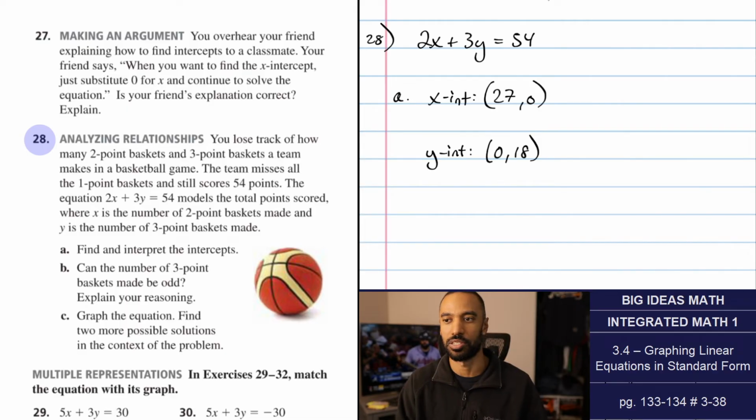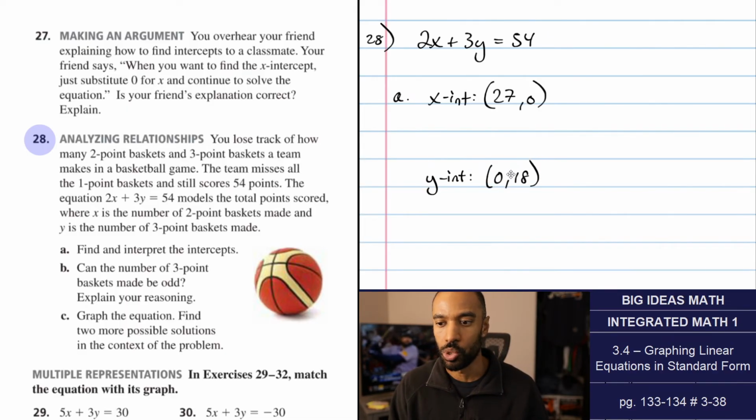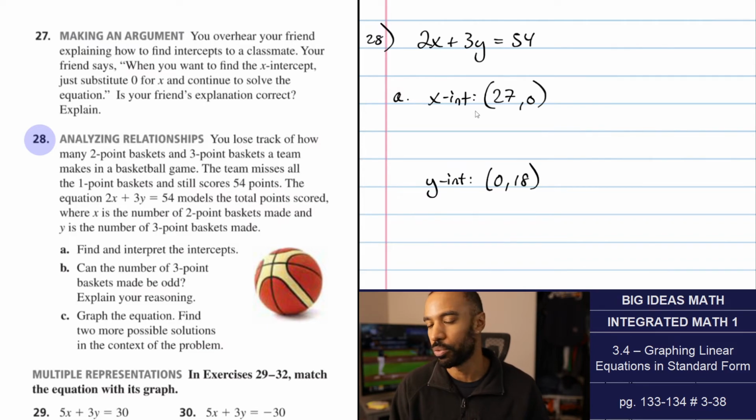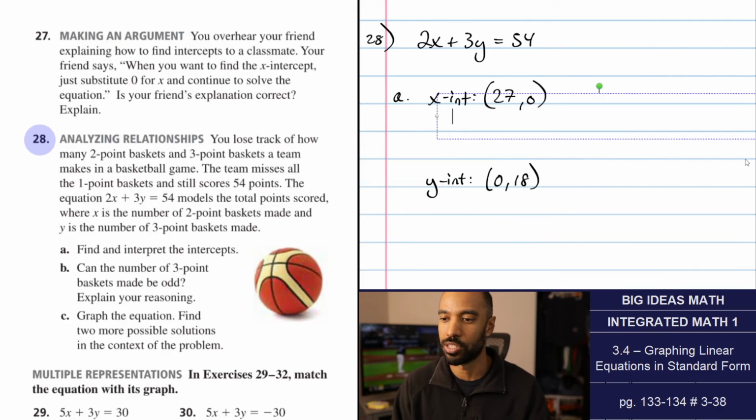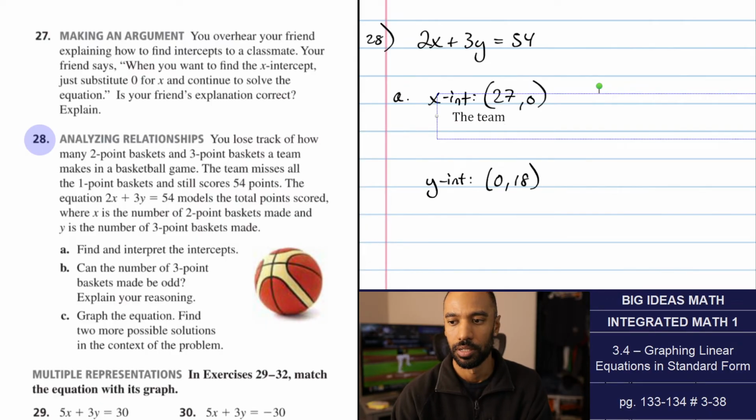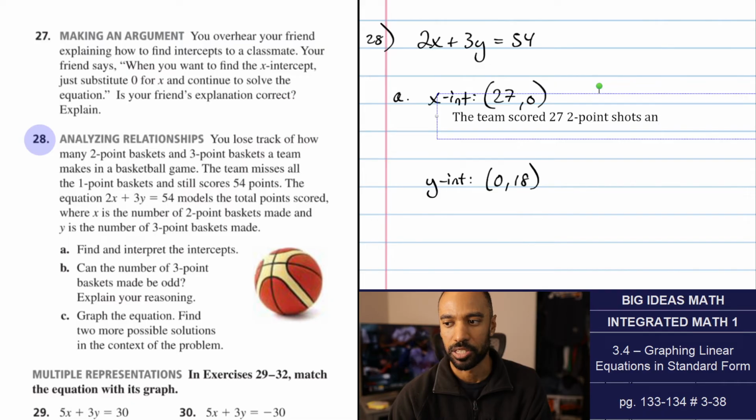Now we have to interpret these. There's a possibility because you lost track. Maybe you weren't watching the game at all. You said, hey, scored 54 points. No free throws were made. How could they have scored? One possibility among many others is that the team scored 27 2-point baskets and 0 3-point baskets.